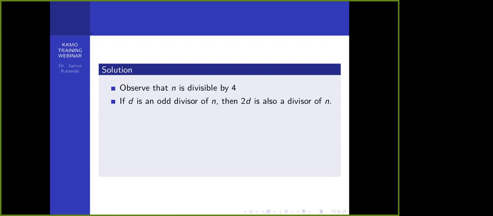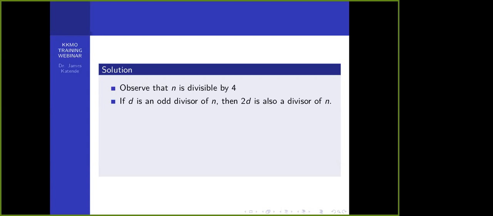The reason is you can always pick a 2 from the 4 and multiply it by D to get 2D, which is also a factor. Remember, 4 is a factor and D is an odd factor as well.